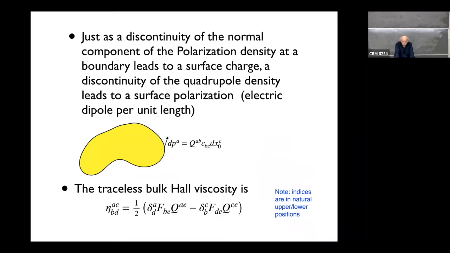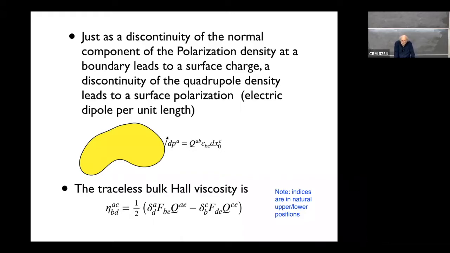Just as with a discontinuity of the polarization in a polarized material, a ferroelectric material: if there's a discontinuity of the polarization at the boundary, then there's a surface charge equal to the normal component of the polarization at the boundary. The same principle applies to the quadrupole.